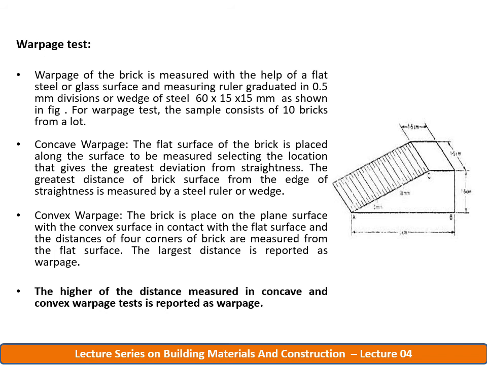For warpage test, we have to consider 10 bricks from a lot. So in case of concave warpage, the flat surface of the brick is placed along the surface to be measured, selecting the location that gives the greatest deviation from the straightness. The greatest distance of the brick surface from the edge of straightness is measured by a steel ruler or wedge.